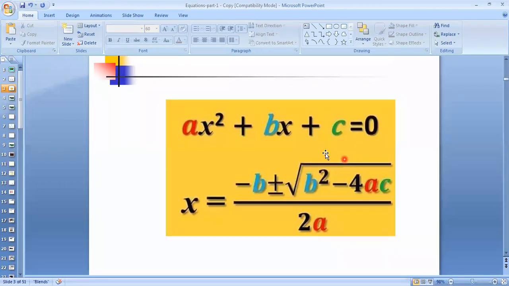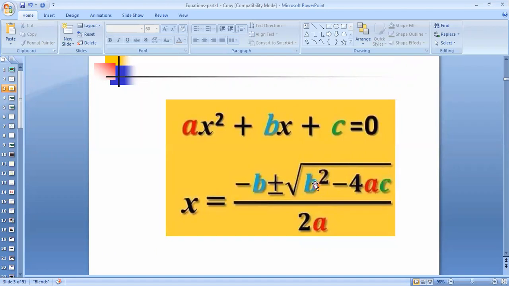Now, after solving the quadratic equation, we get this formula: x equals minus b plus minus square root of b square minus 4ac, divided by twice a. Depending on this b square minus 4ac, which has another name, the discriminant.